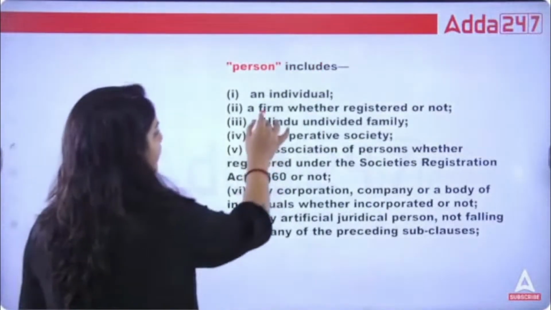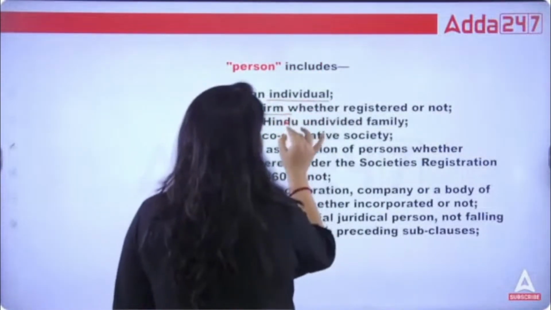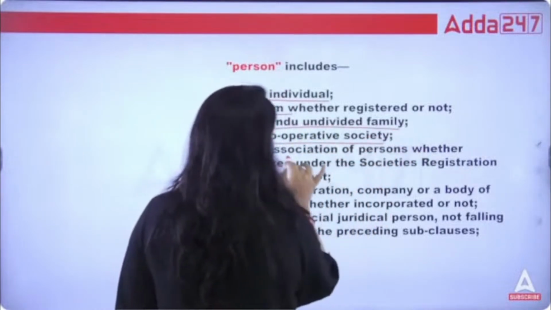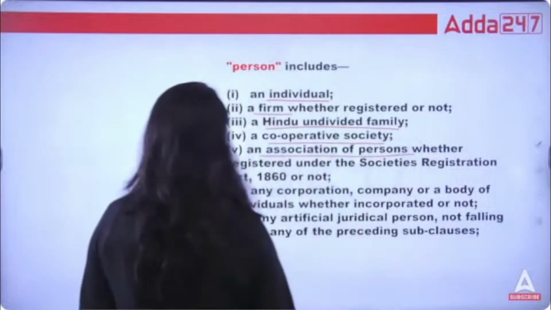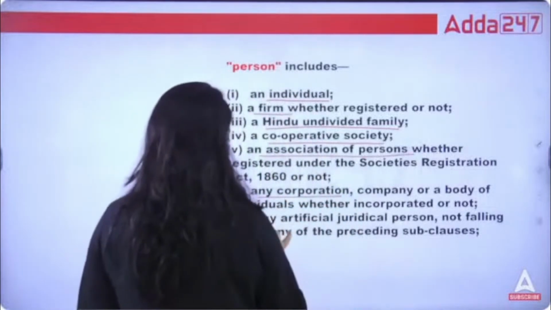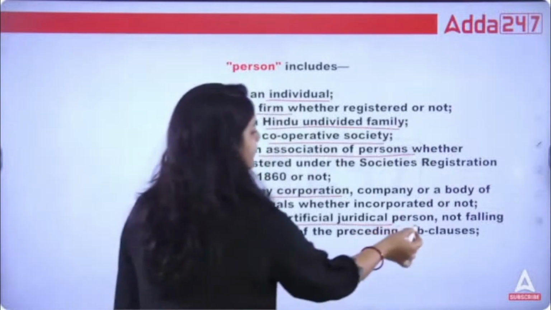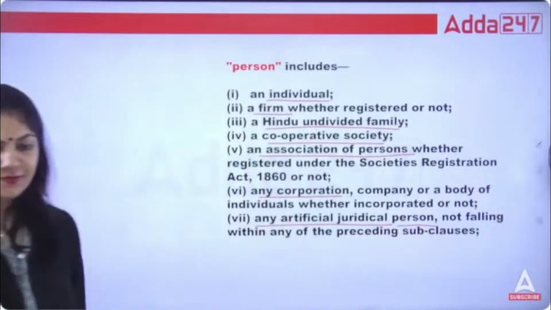Person: individual, firm, Hindu undivided family, cooperative society, an association of persons, any corporation, any artificial juridical person. So these are the persons, but that is not important.